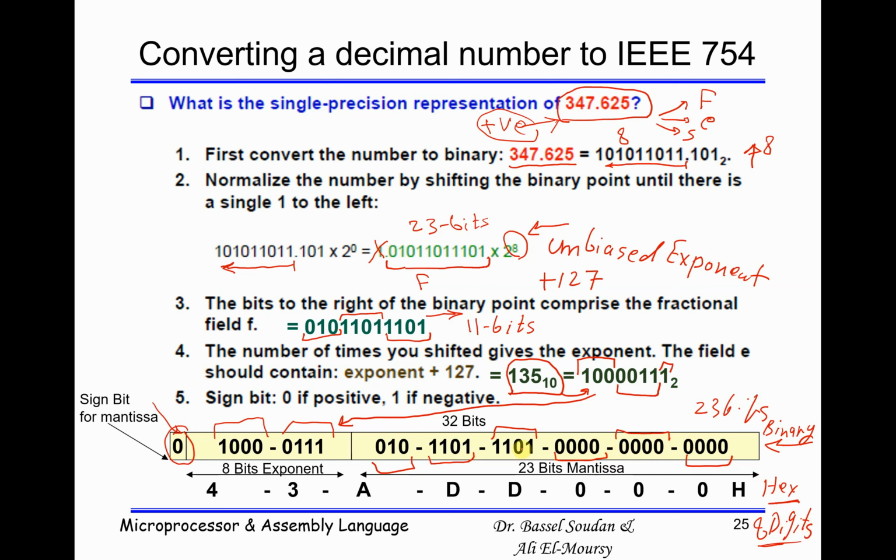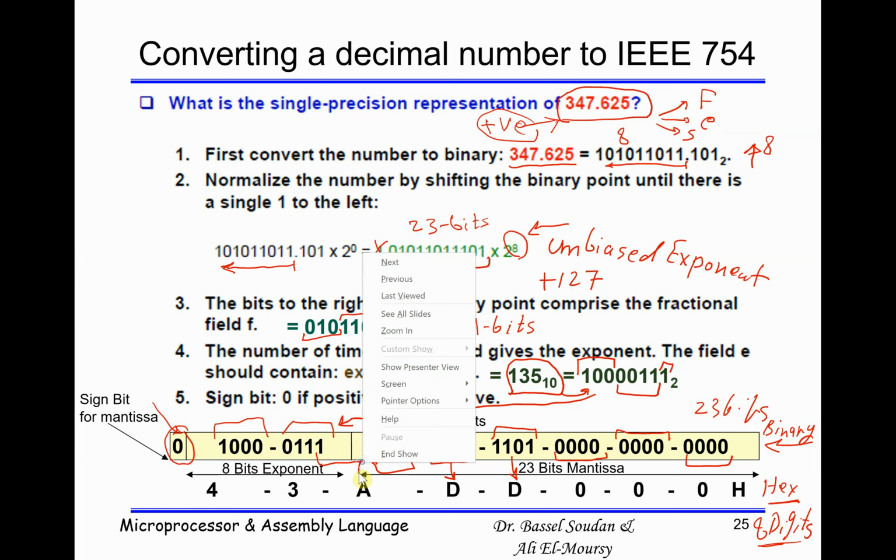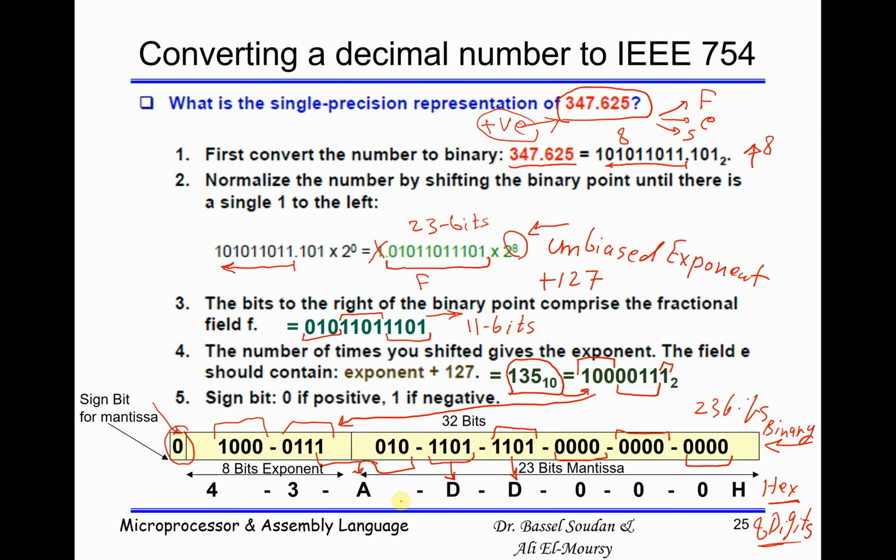Then 4 bits, 1 0 1 1, which is D. 1 0 1 1, which is also D. Then 3 bits from the fractional mantissa, I will merge them with 1 bit from the exponent to build the next 4 bits, which will give me the number A. So here 0 1 0 1 gives me A, and then I have 1 1 0 0, which gives me the number 3.